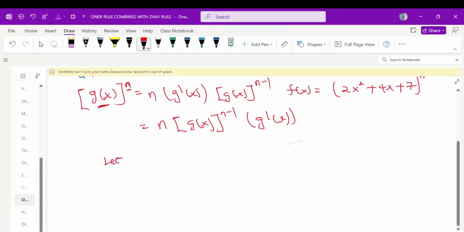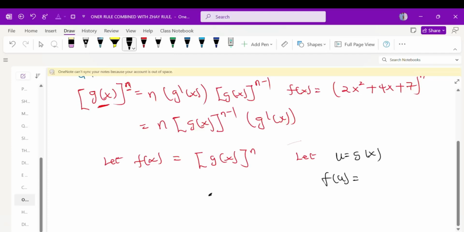So let f of x be equal to g of x exponent n. Now we can say this is a composite function. So let u be equal to g of x. Which implies that you have f of u to be equal to u exponent n. Okay.